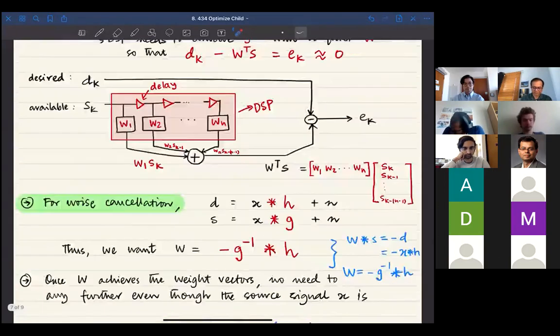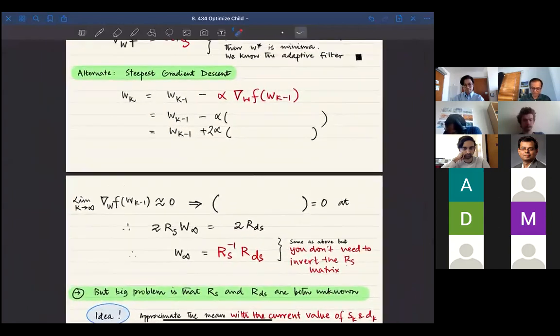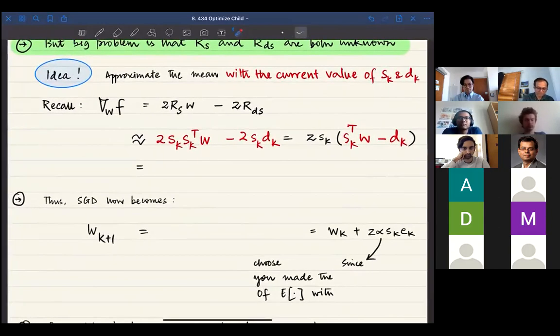So this becomes minus 2 SK EK. That's the best part now. EK is what I can measure, SK is what I can measure, and I have approximated that gradient with the current values that I can measure. I'm going to now do gradient descent.